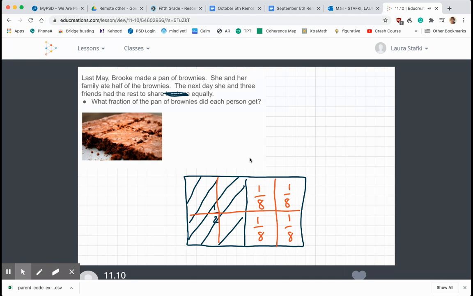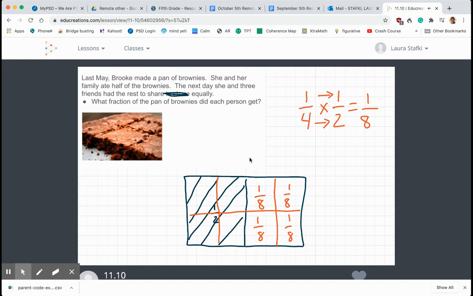Okay, now some of you right now are thinking, wait a second, Mrs. Staffke, this is multiplication. And you're right, multiplication is the opposite of division. Multiplication is one way we can think about it. You might be telling yourself that the problem is, what is 1/4 of 1/2? And remember you multiply numerators and you multiply denominators, so it is 1/8.